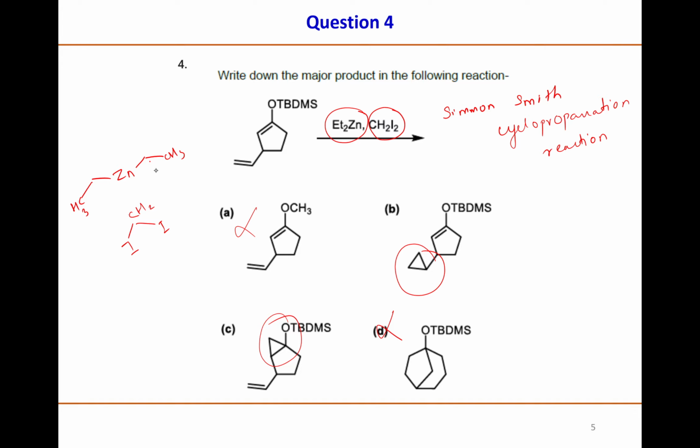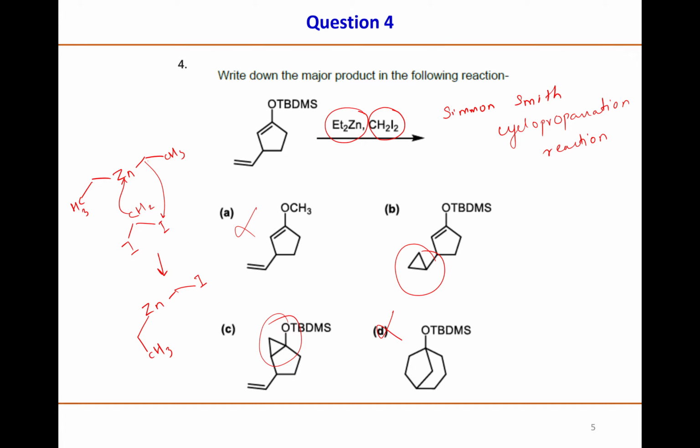This will attack this way and it will form the intermediate which will look like zinc iodo, and on one side the same ethyl group will remain, right?